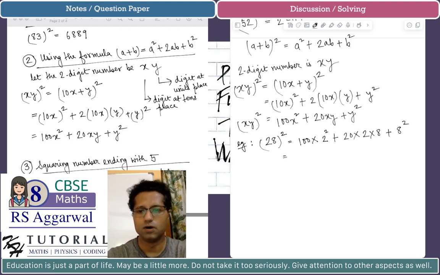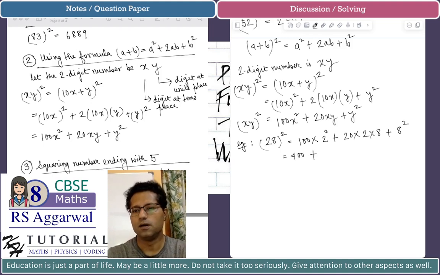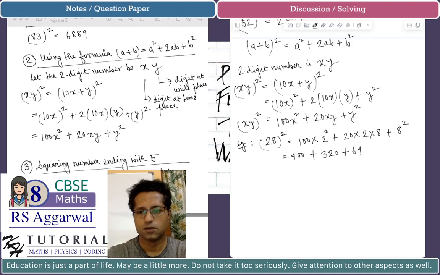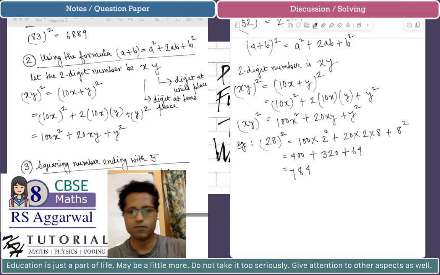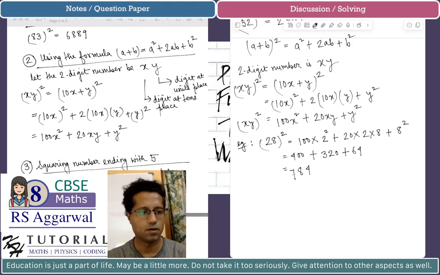So this is equal to 100 into 4, that is 400, plus 20 into 2 into 8 is 320, plus 64. So this is equal to 784. So let me quickly check if I am right or wrong. I'm using a calculator.